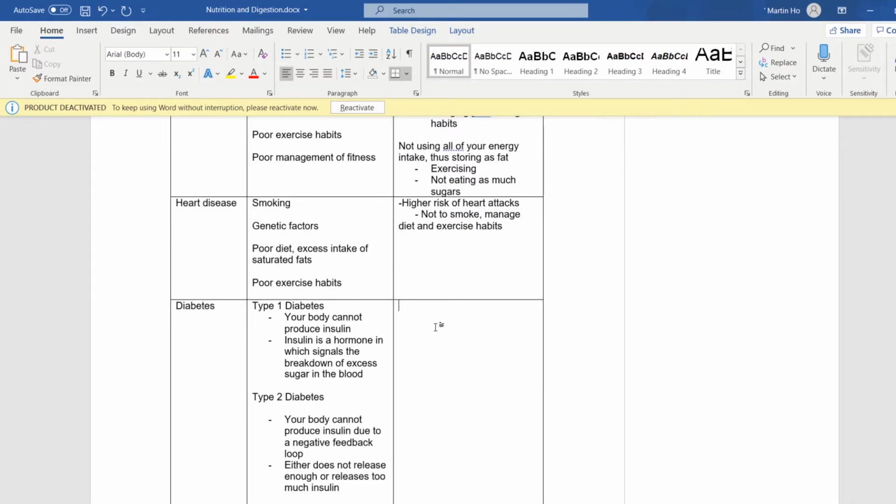So, diabetes is caused in two different ways. There are genetic factors, in which one can get it hereditarily, or it is passed down.